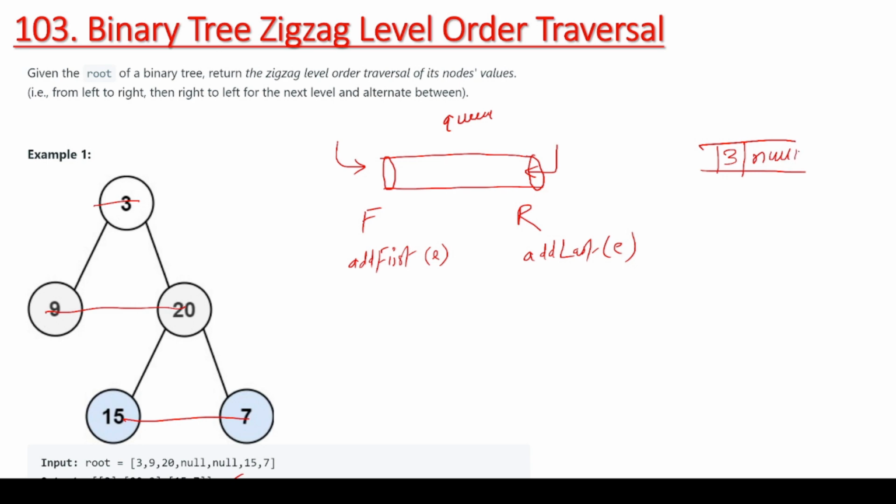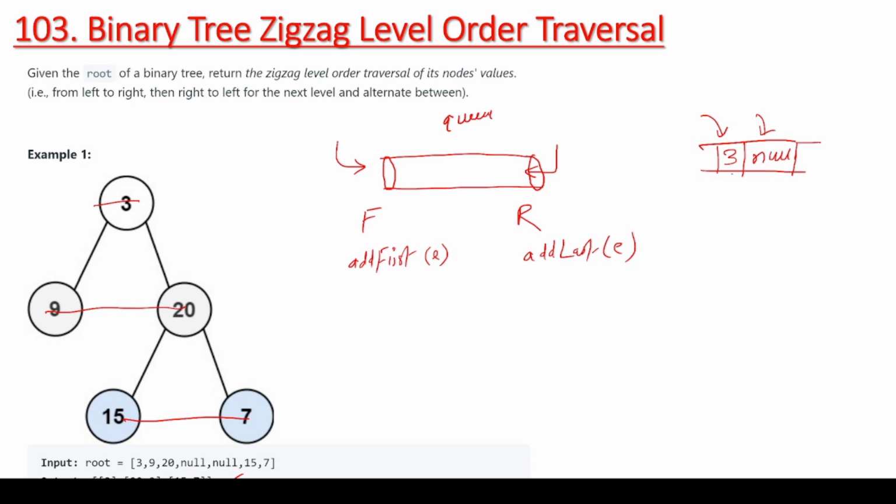Why we are going to use the null element, I will tell you later. Root data is nothing but our 3, so we will add the root node value and the null element into the queue.